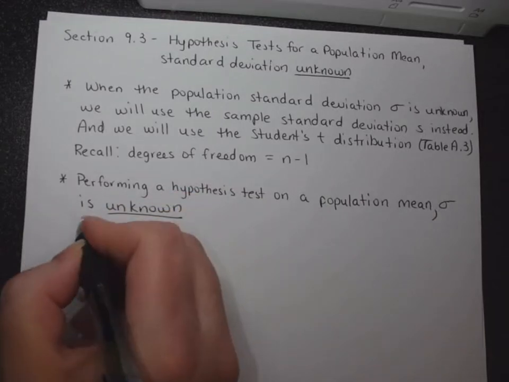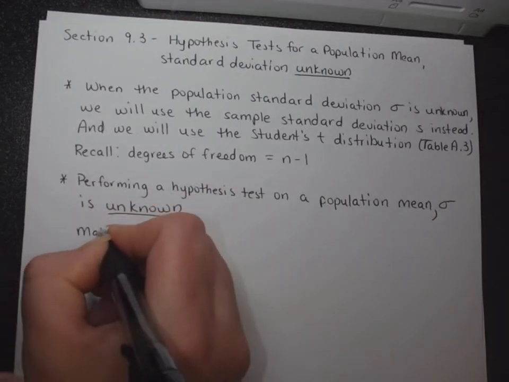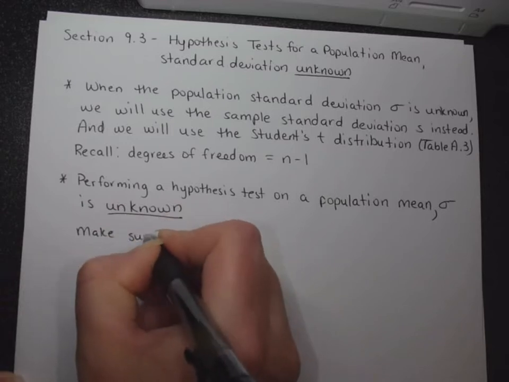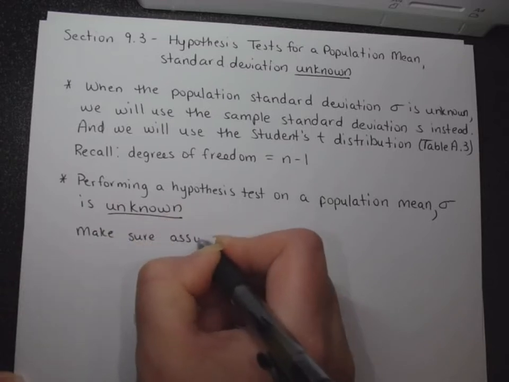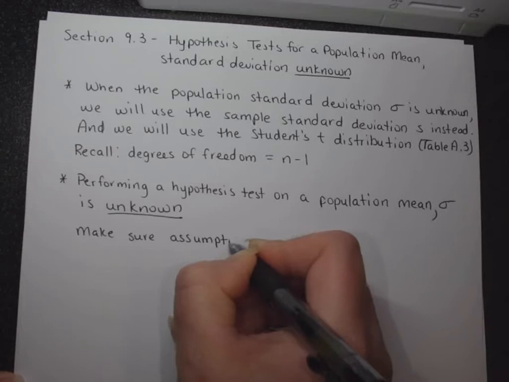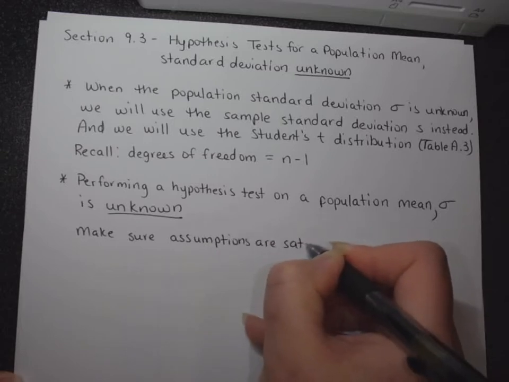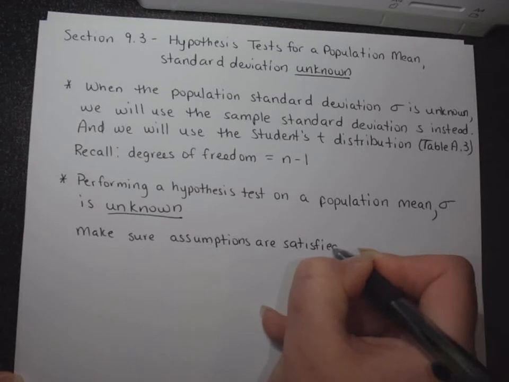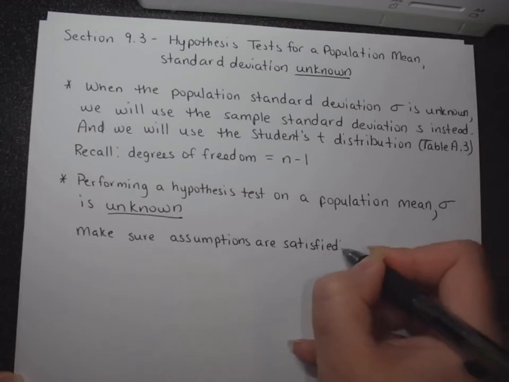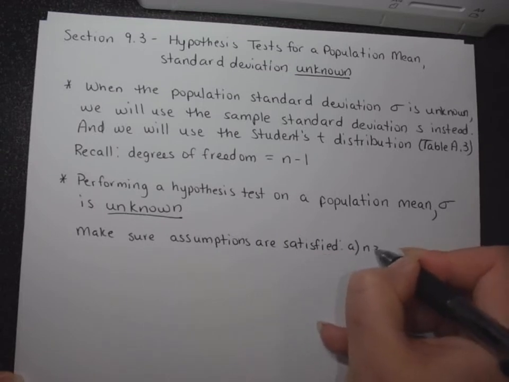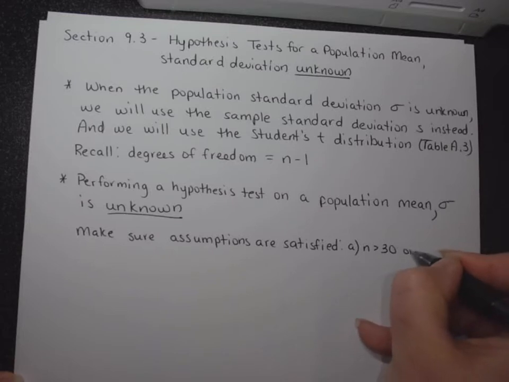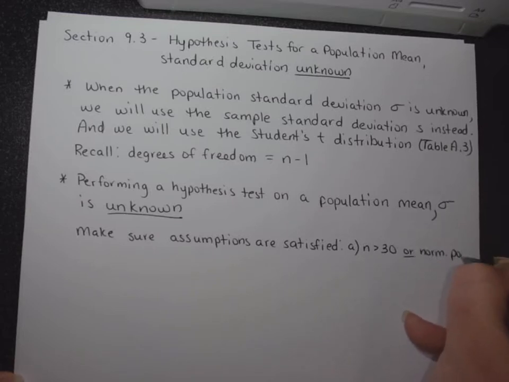Okay. Before you begin, you do need to make sure that you have some assumptions satisfied. Okay, and here are the assumptions if you've forgotten them. N needs to be greater than 30, or maybe we have a normal population.